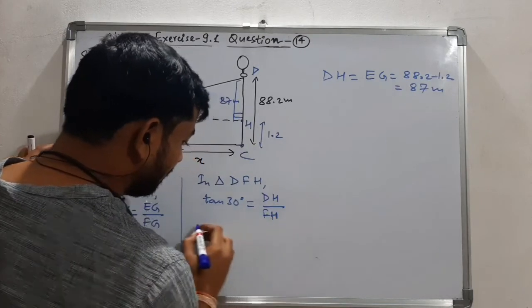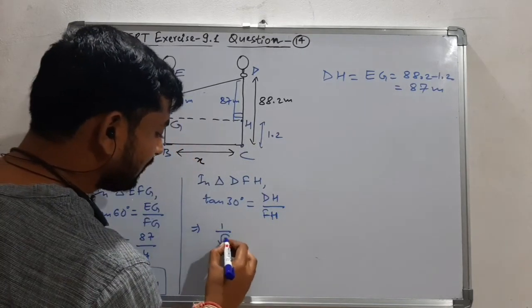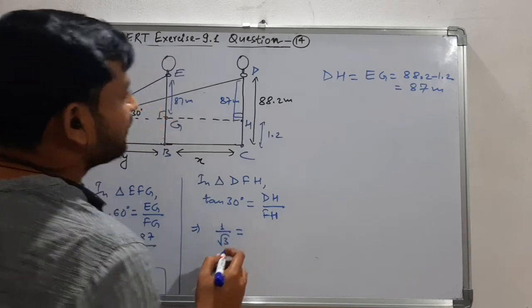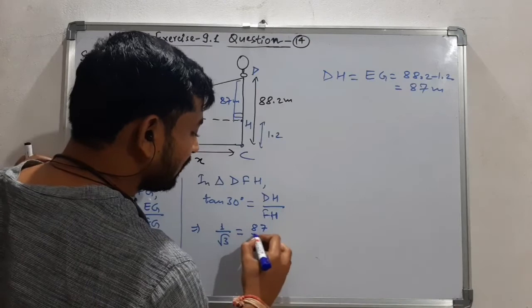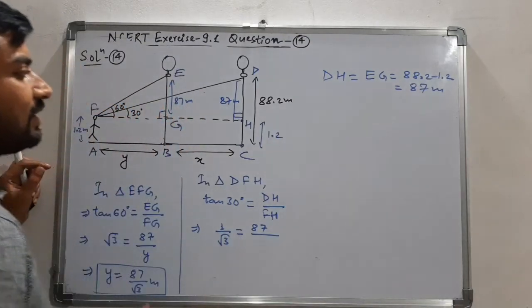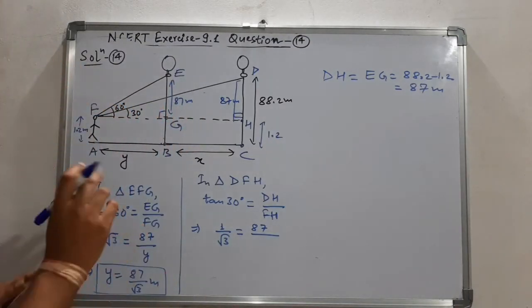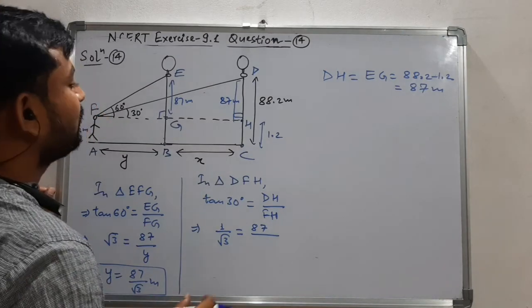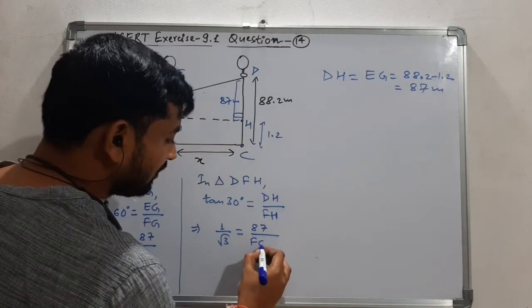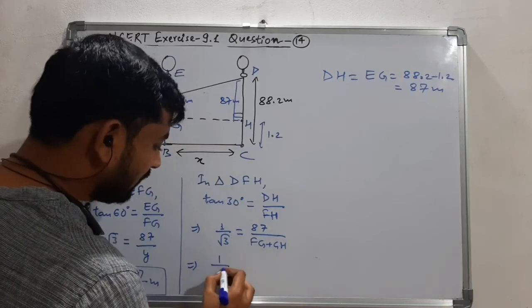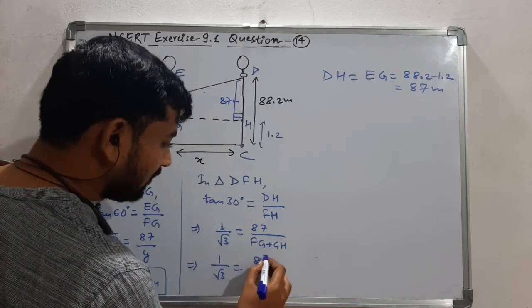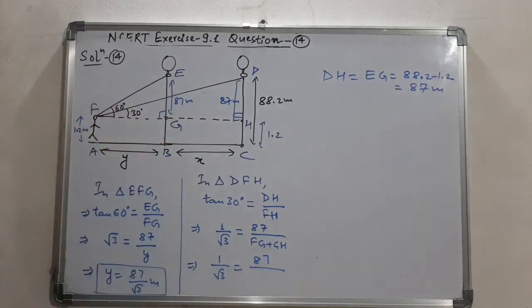So from here, tan 30 is 1 by root 3, and DH is nothing but 87 meters, which we have calculated by decreasing the height of the girl from the total height of the balloon. FH can be written as FG plus GH. Now 1 by root 3 is equal to 87 upon FG.